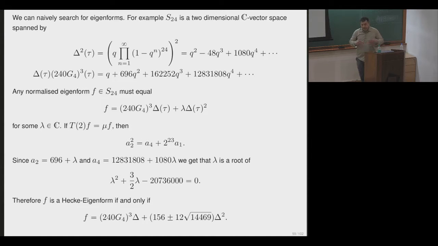Okay, now we have these Hecke operators. We know that there might exist eigenfunctions and how we can find them. And the point is, you can just enforce this by doing calculations. So if you have this space S24, it's two-dimensional.